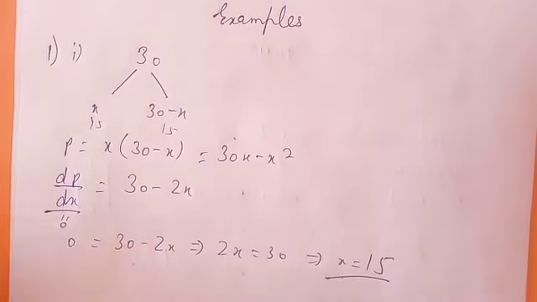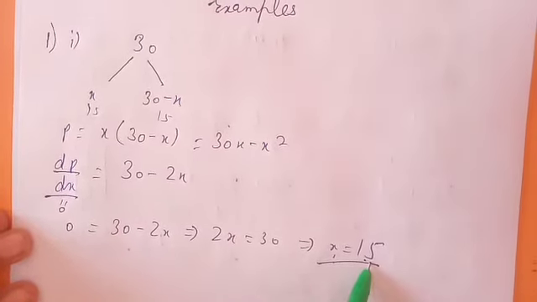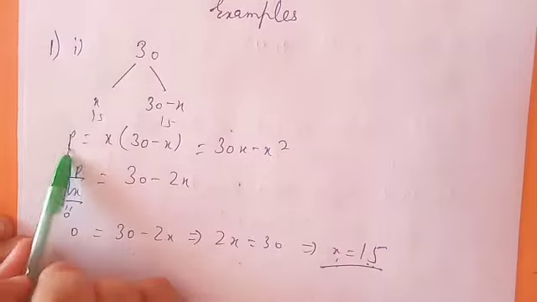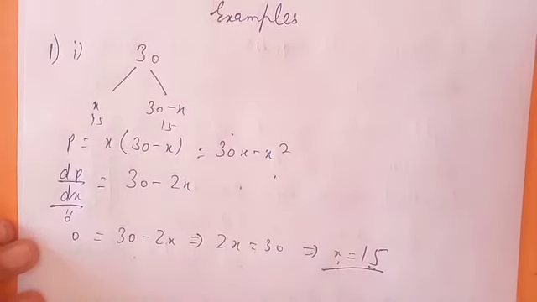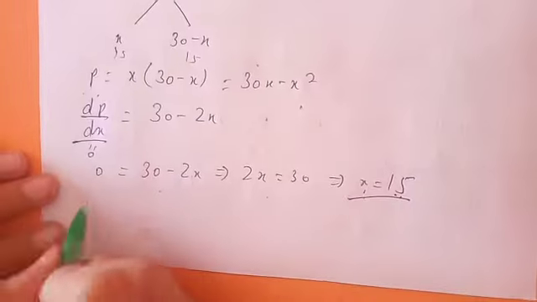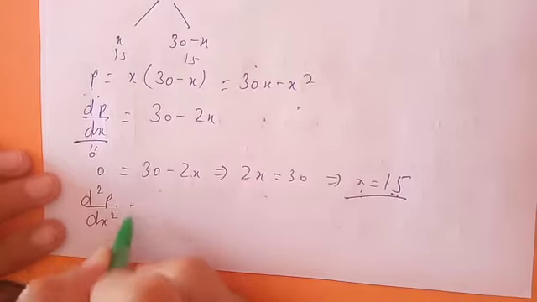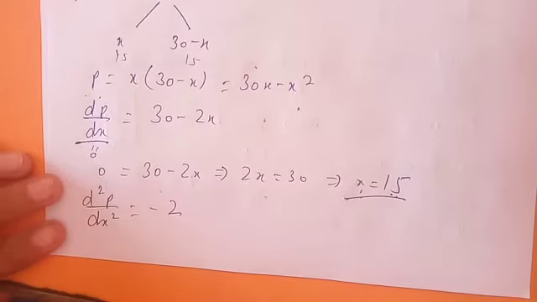Now, but we don't know till now whether at x equal to 15 the product we get will be maximum or minimum. So for that we need to take the second derivative, d square p by dx square, that will be minus 2.